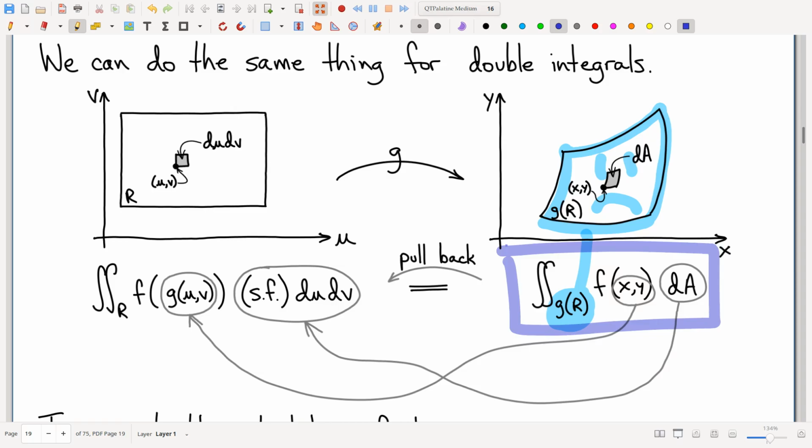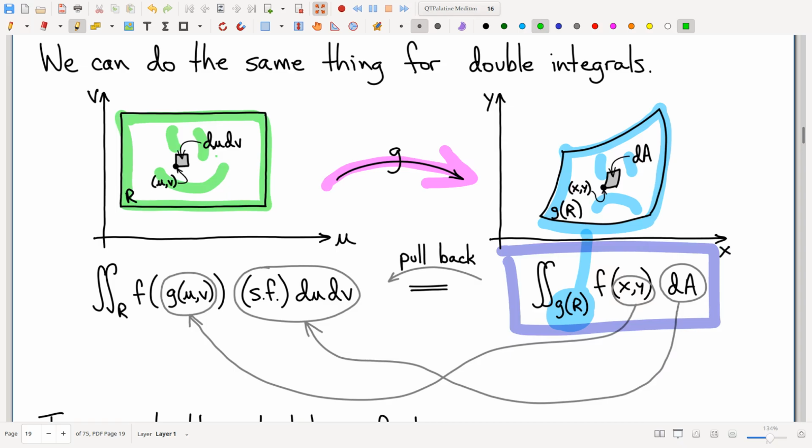So 1, 2, 3 corners at least. I mean, this is not good. If you need to compute this integral, if you can figure out how to view that as the image of something else that you like.